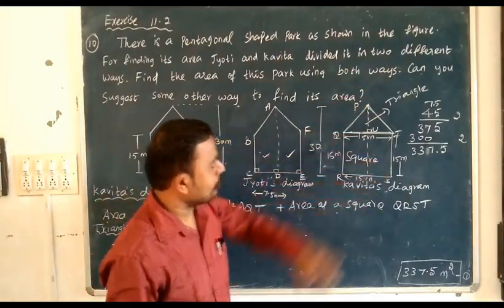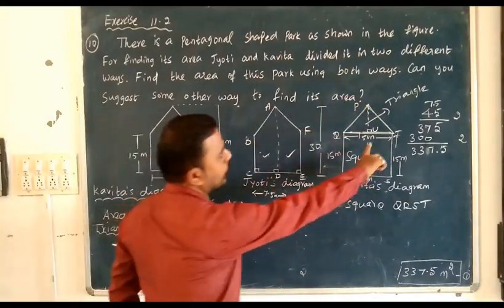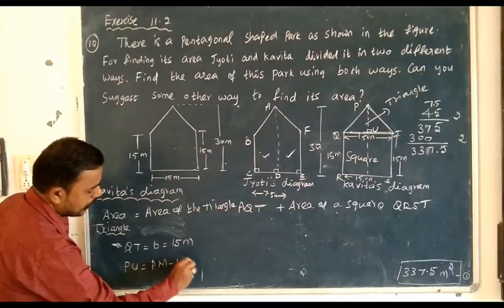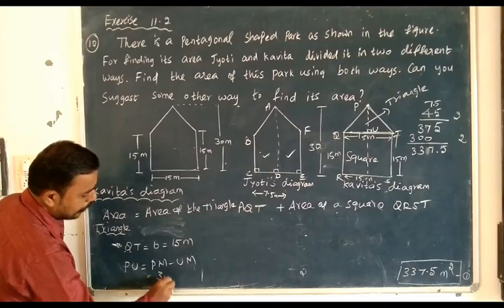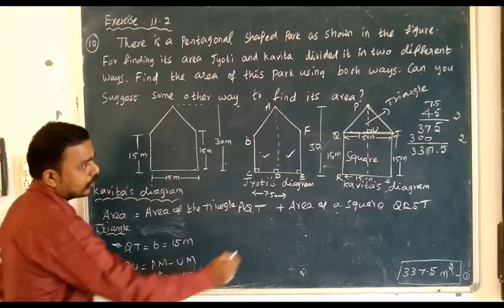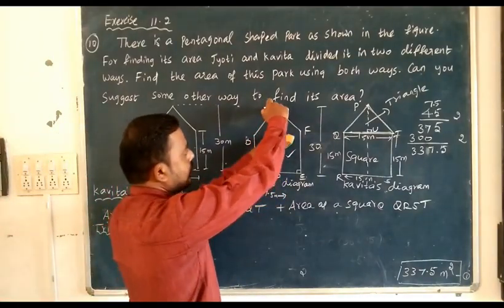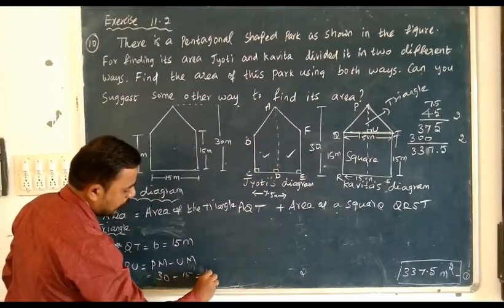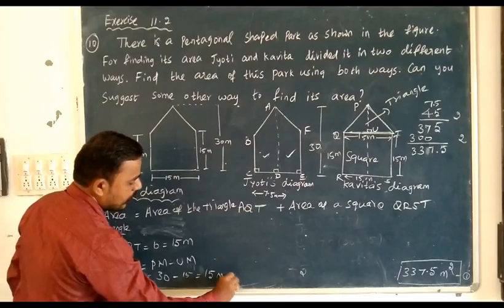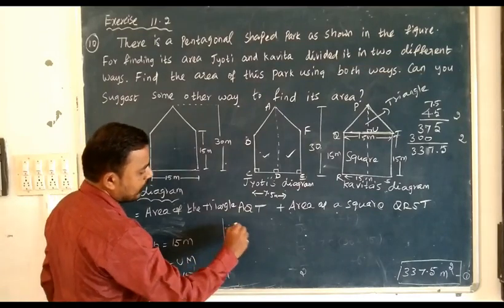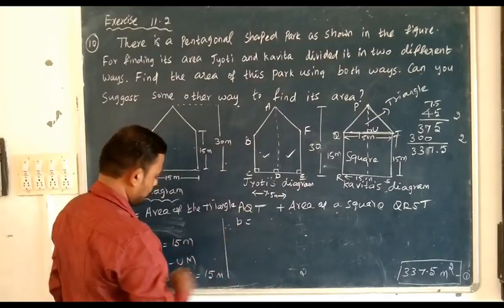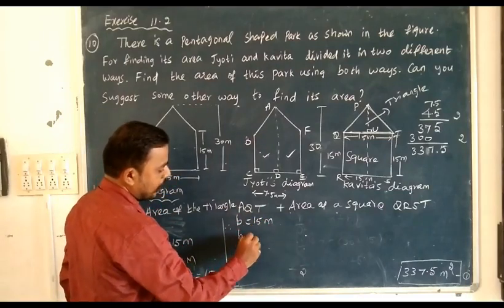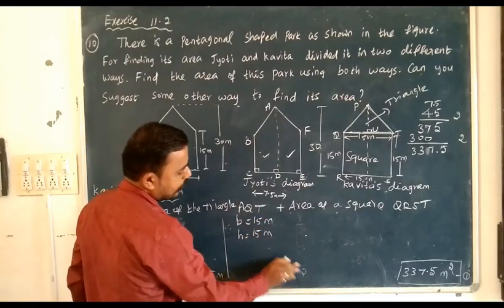Total thing PM minus UM, that is 30 minus 15. This total distance is 30, this distance is 15, so the remaining is 15. So equal to 15 meter. Therefore base equals 15 meter and height also 15 meter.